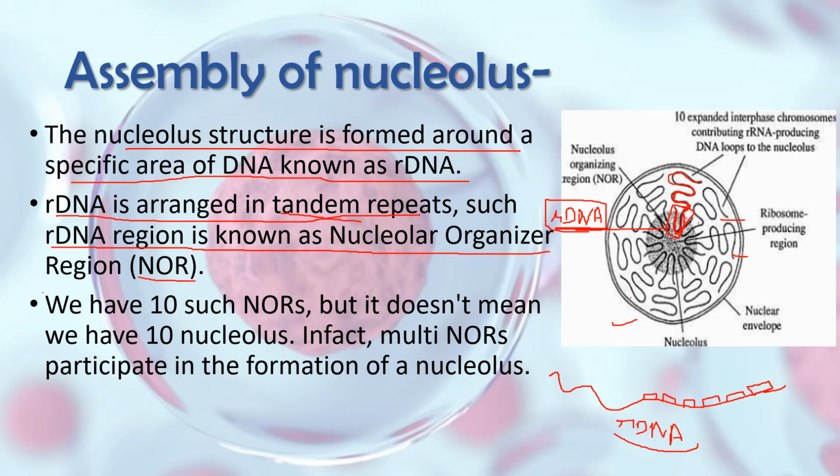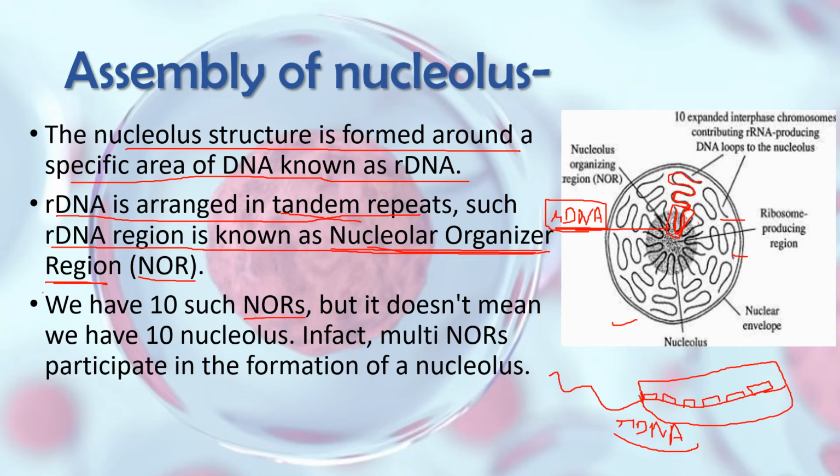So we can say this particular region of ribosomal DNA is known as the nucleolar organizer region. As its name suggests, this region is responsible for the formation of the nucleolus. We have 10 chromosomes that have these NORs.